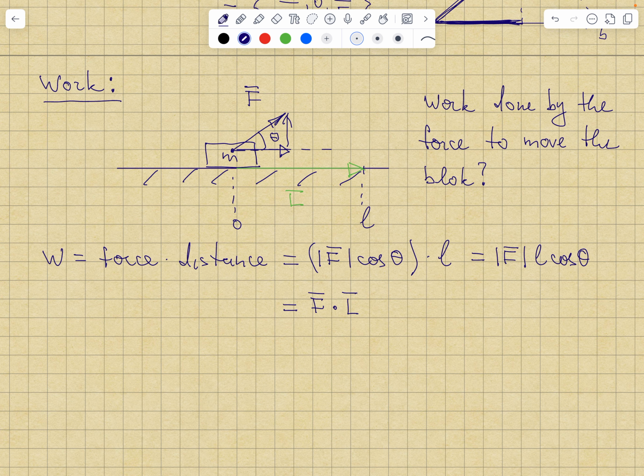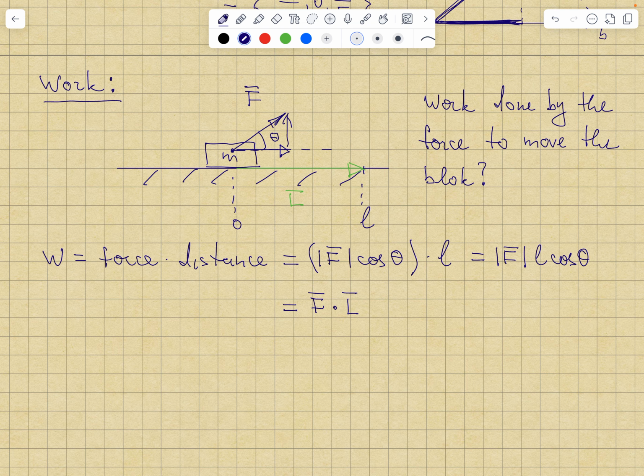So L is a displacement. It also has a magnitude and direction. In this case, displacement is along the horizontal line. Its magnitude is little l, and you take a dot product with the force, and that gives you work.